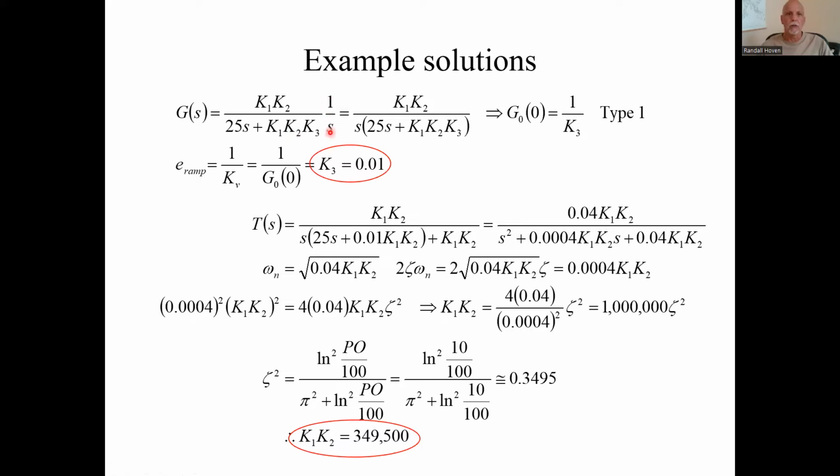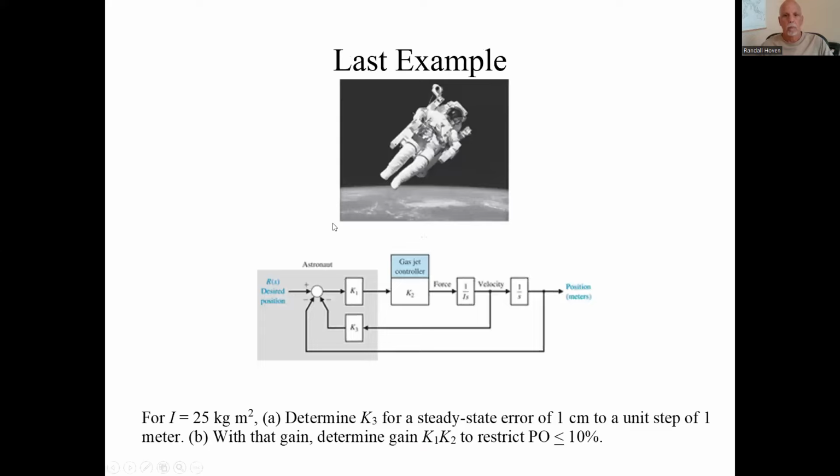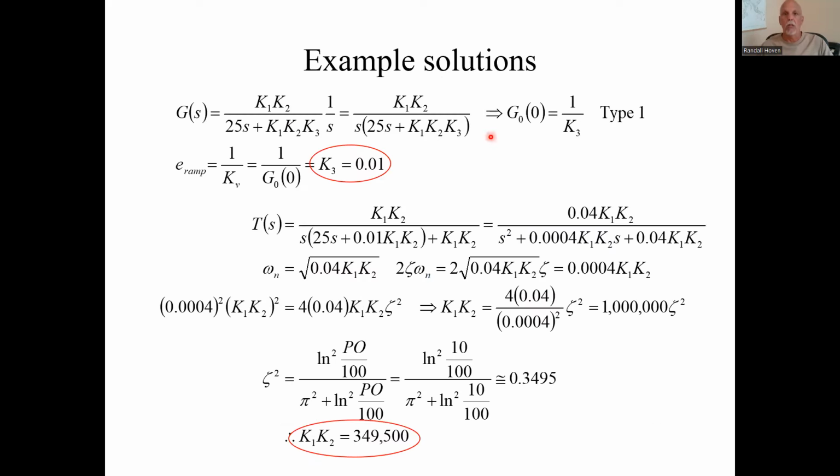Then the forward loop transfer function is the same thing with the extra 1 over s. There's the inner loop, and you've got the extra 1 over s. That's the forward path gain, which is all we need to do the steady state error calculations. Single pole at the origin, so it's type 1.